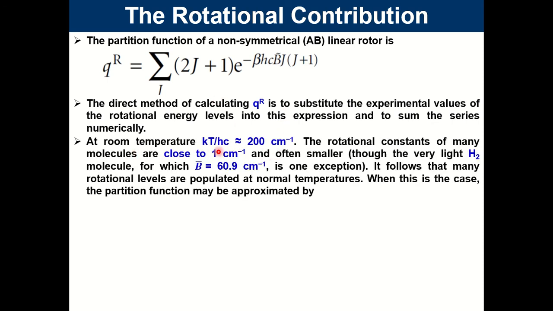At room temperature, kT corresponds to around 200 cm inverse, while the rotational constant of most molecules is close to 1 cm inverse. This means most of the rotational states will be populated at room temperature, because kT/hc is much higher than this.